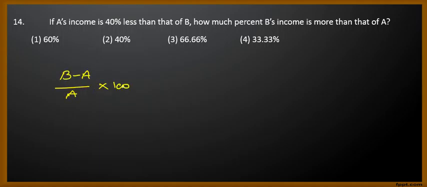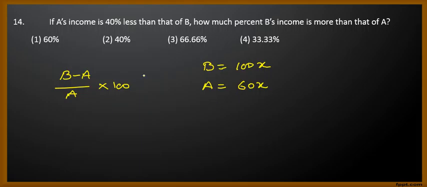We don't have exact values of A and B, but A's income is given with respect to B. So I will assume B's income as 100x. Then A's income will be 60x, because 40% less means 60%.